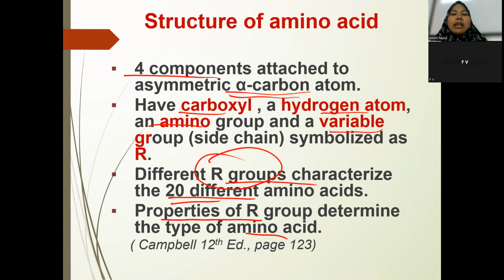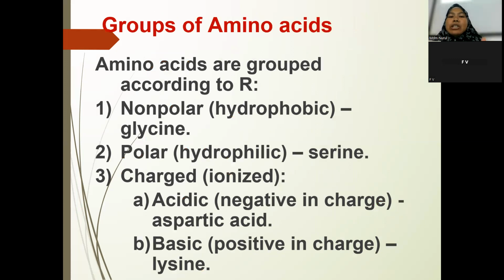Okay. So, as such, there are 3 major groups of amino acid according to R group. Ada 3 kelas amino acid yang utama. Nombor 1, non-polar amino acid. Nombor 2, polar amino acid.